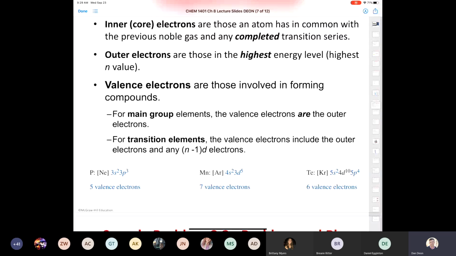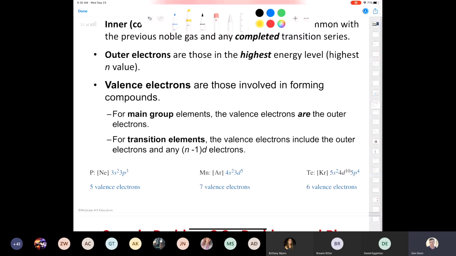Valence electrons are those involved in forming compounds, and they're really important in this class because as we start to understand reactivity of atoms and molecules and ions more and more, we have to look at the valence electrons in order to understand reactivity. For main group elements, the A group, the valence electrons are just the outer electrons. So that's pretty simple, okay?